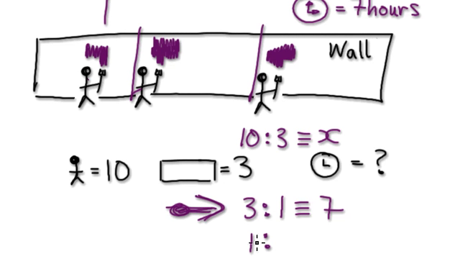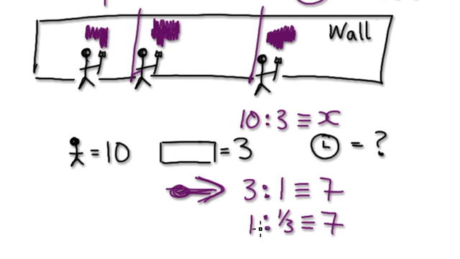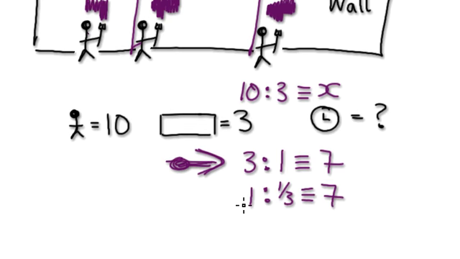Now, if one person can paint whatever this number is in 7 hours, then 10 people can paint 10 times this amount.